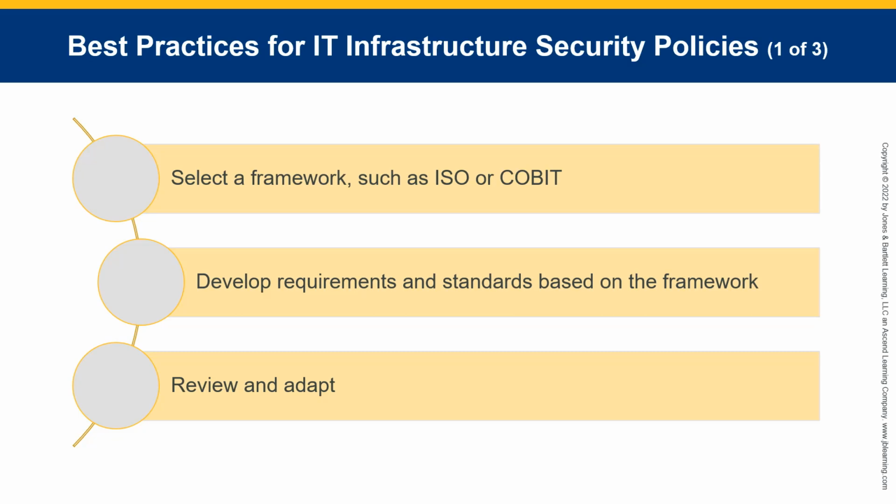Many organizations first select a framework such as ISO or COBIT. They then develop requirements and standards based on the framework. Do not reinvent the wheel. There are rare instances where you will need to develop original content to create a new policy. More often than not, though, you will modify an existing sample obtained from a reliable source.